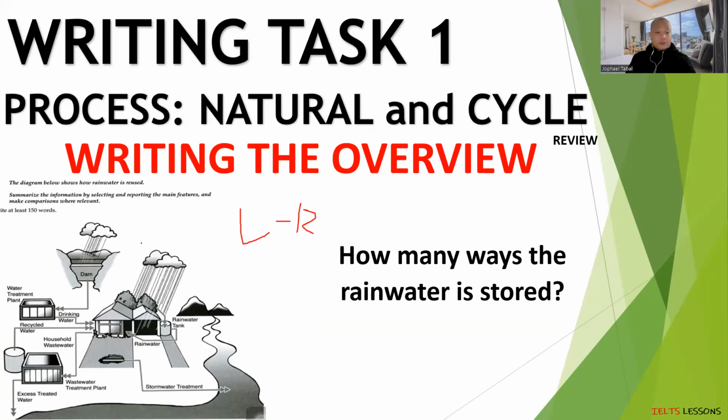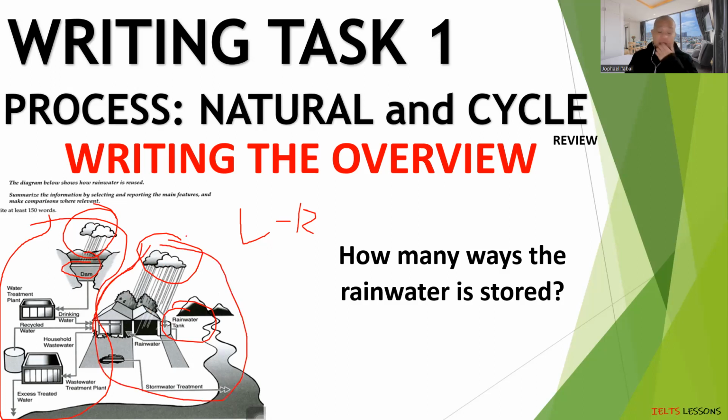So you can present this in your first body paragraph about the rainwater, because there are two ways to keep the water. The first way is by using a dam, and the second way is by using the rainwater tank. You can talk about using the rainwater by using a dam in your first body paragraph, and using the rainwater tank in your second body paragraph.